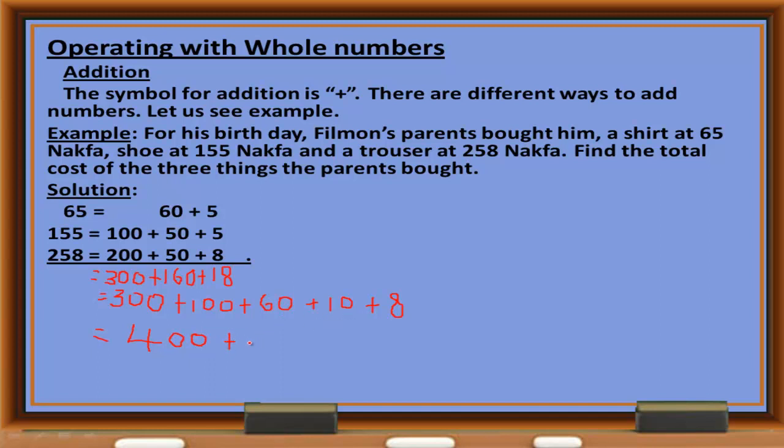Sixty plus 10 is 70, plus 8. Therefore, the total cost of the three things the parents bought for Philemon's birthday is 478 nafa.